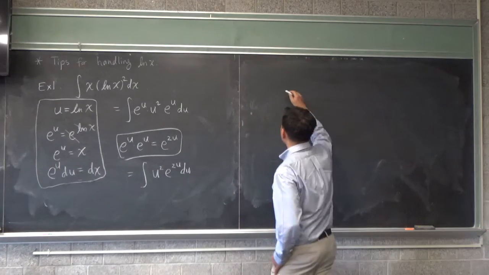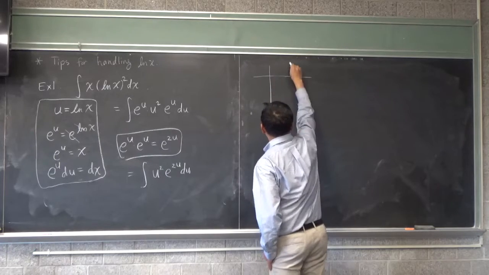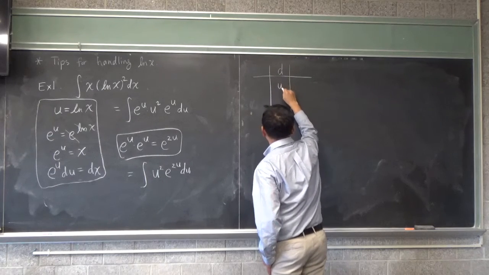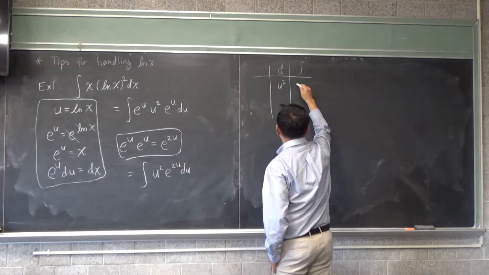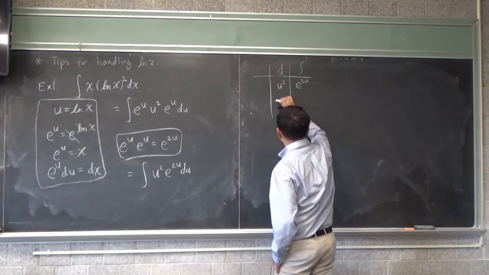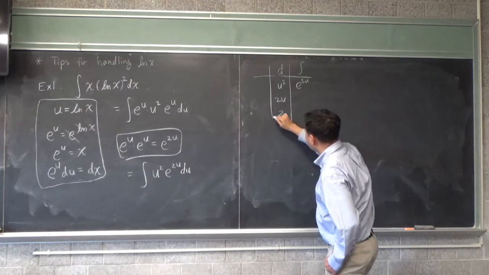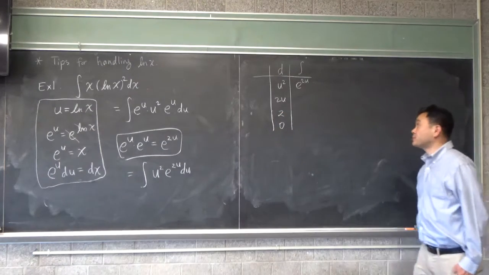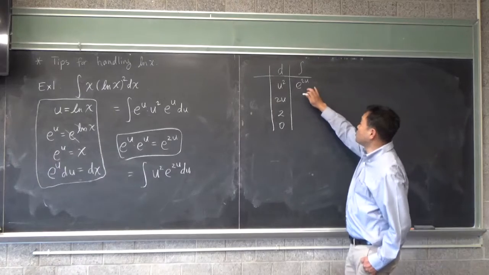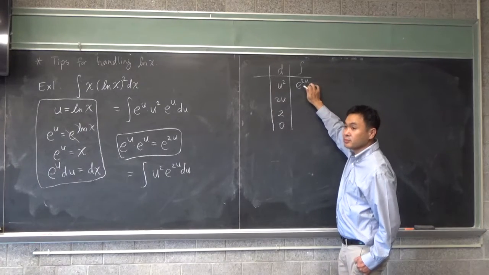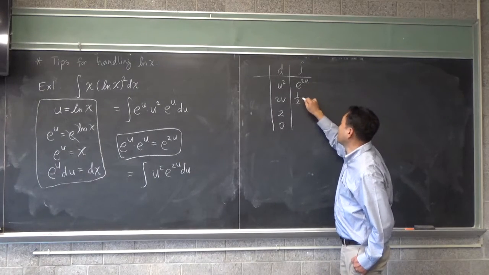So we use integration by parts with, on the d side, u squared, and on the integral side, e to the 2u. u squared differentiates to 2u, which differentiates to 2, which then hits 0, so you stop. What's the integral of e to the 2u? 1/2 e to the 2u.